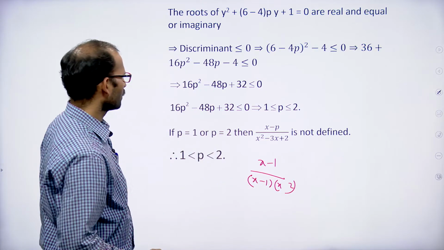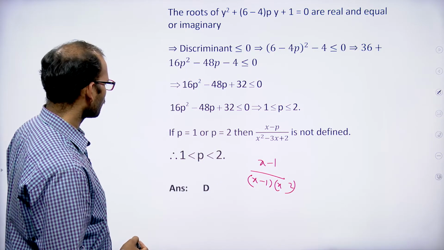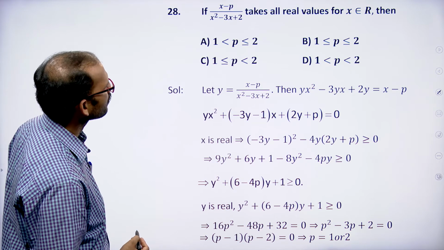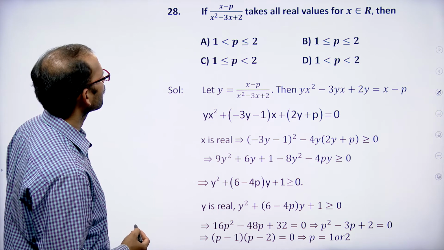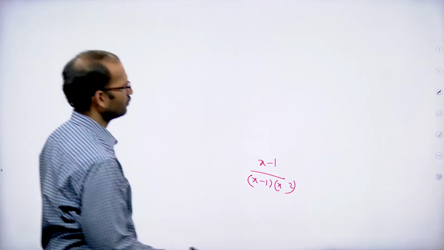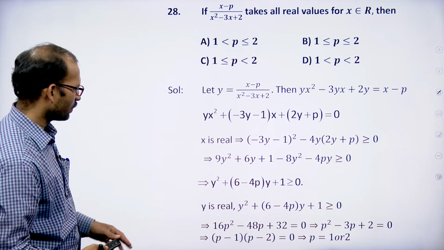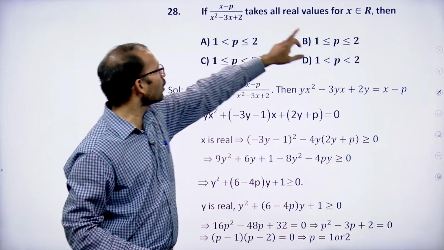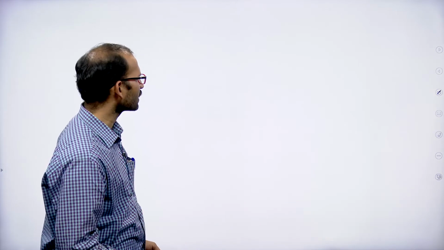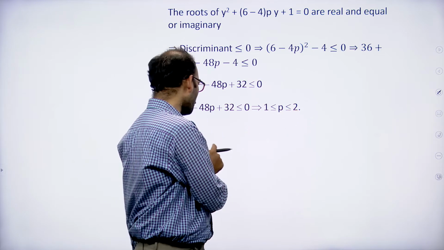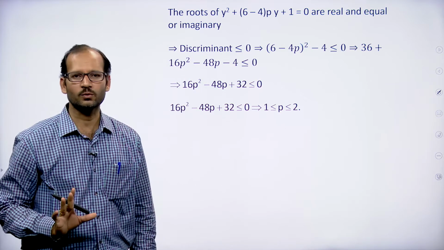And second thing is when p equal to 2, okay, right. So when 1 less than or equal to p less than or equal to 2, when p equal to 1 the expression will not be defined, that is what he is saying. So therefore p should not take 1 as well as 2, therefore p should lie between 1 and 2, okay.